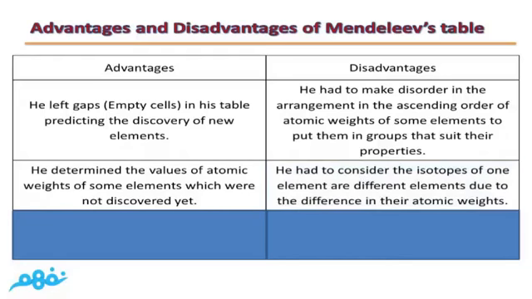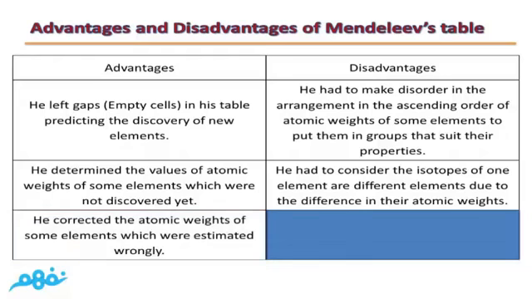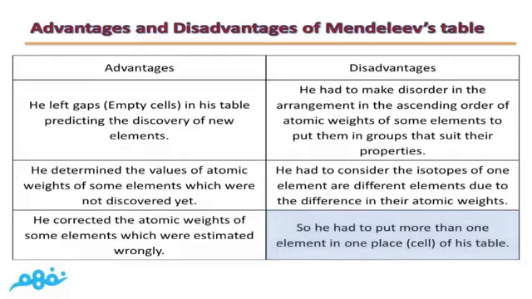The final disadvantage: he had to consider the isotopes of one element as different elements due to the difference in their atomic weights. The final advantage is that he corrected the atomic weights of some elements which were estimated or calculated wrongly. Because Mendeleev thought that isotopes of the same element are different elements, he had to put more than one element in the same cell or in the same place in his table.